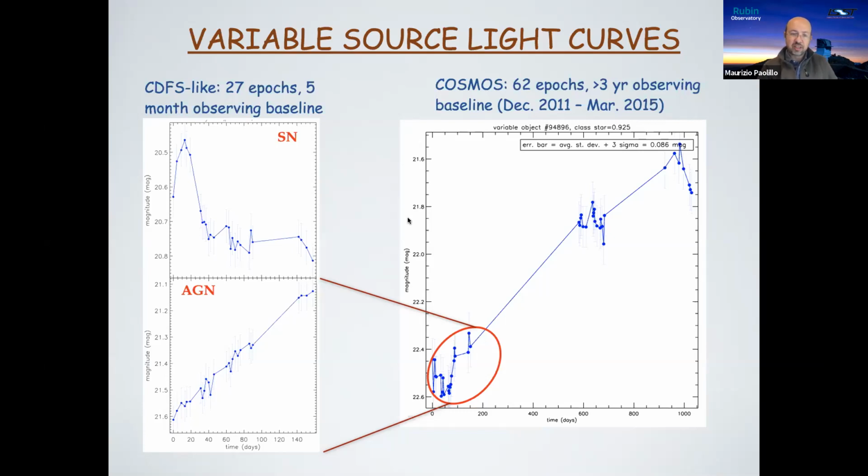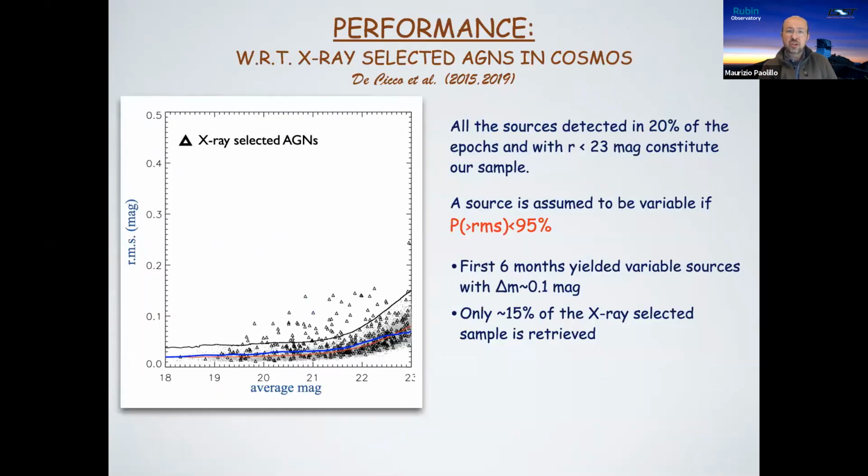For instance, we heard from Qingling how effective and important the X-ray detections are. So we were able in the Cosmos to look at the X-ray sources, and these triangles here show the X-ray sources in the field. So you can see that the minority of these are above the threshold that we set to detect variability.